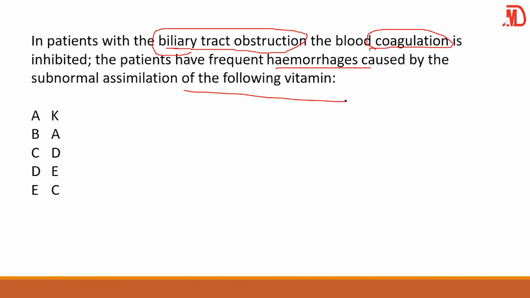The process by which they are activated is called carboxylation of glutamic acid, whereby vitamin K is added to these clotting factors so they can be active and carry out their roles in the body. So here you are thinking of vitamin K. The answer is A.